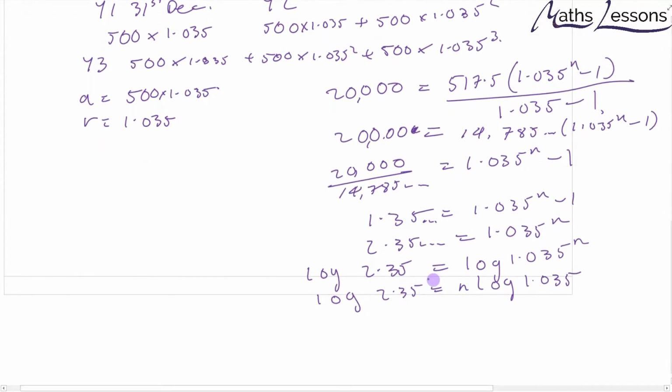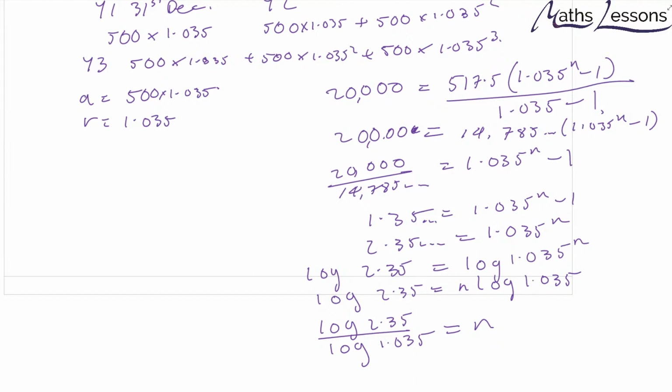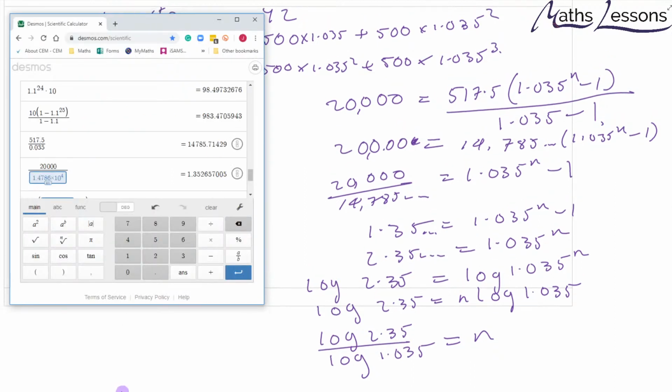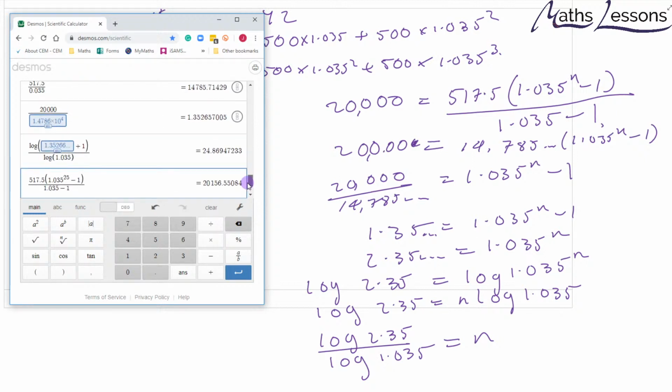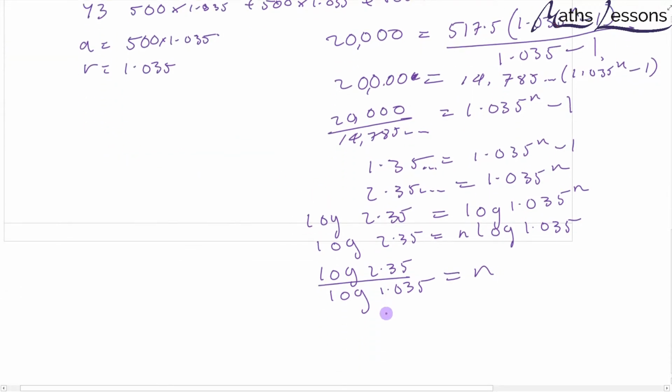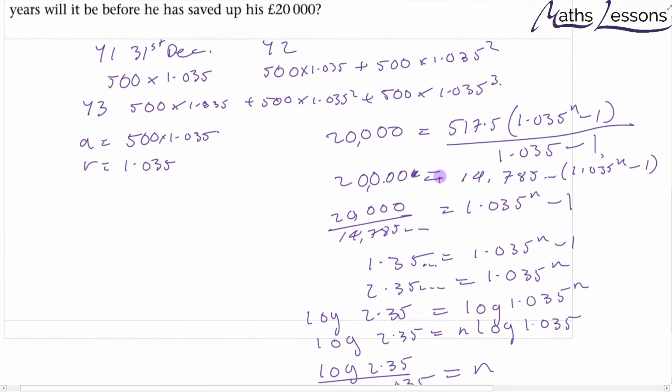Divide both sides by log of 1.035 to get n. Grab my calculator. See that I've already done that. And when we do that calculation, we can see I've done the 1.3526 plus the 1, then I get 24.6. That's equal to n. So let's just go back up and have a look.